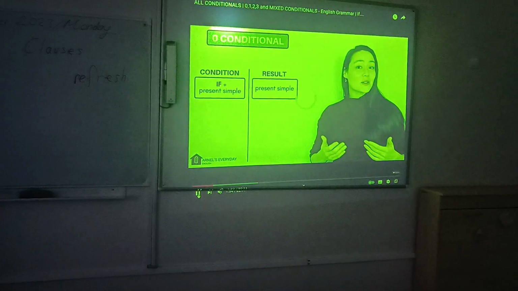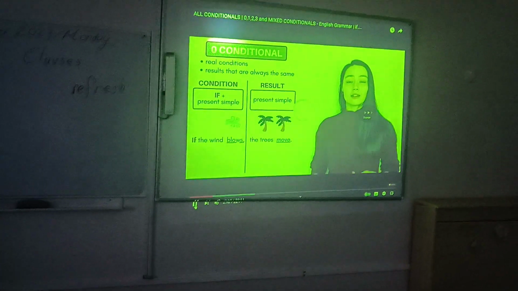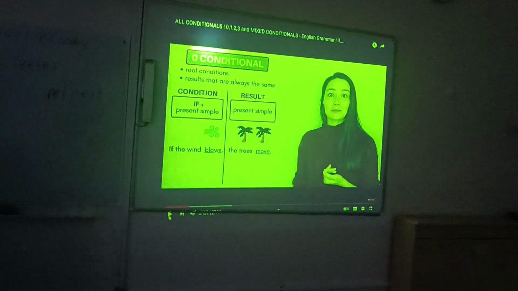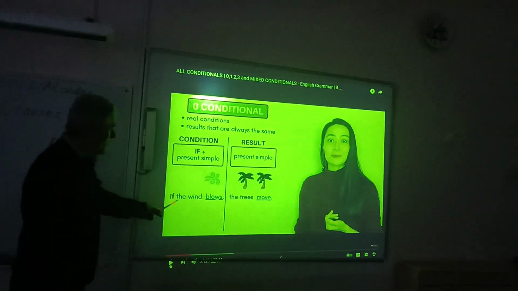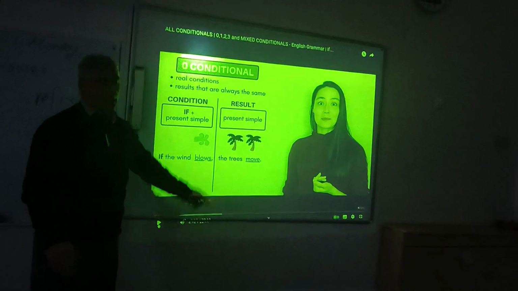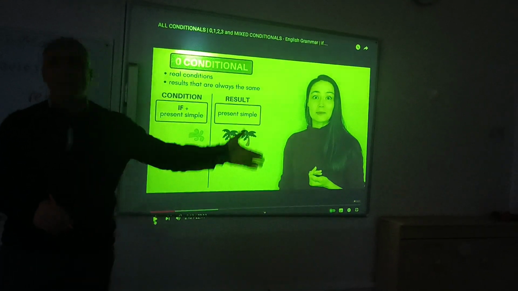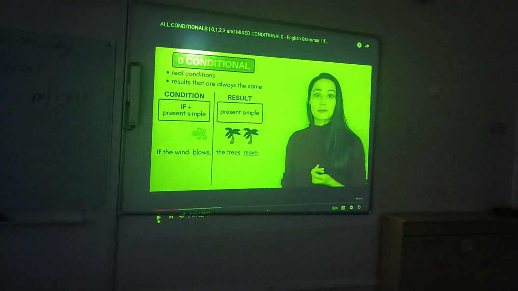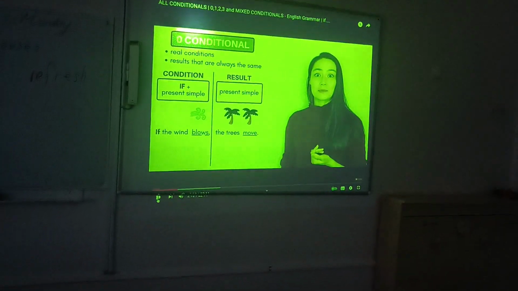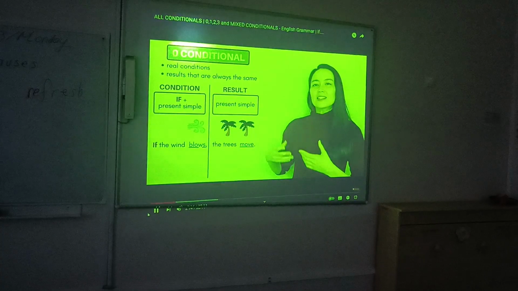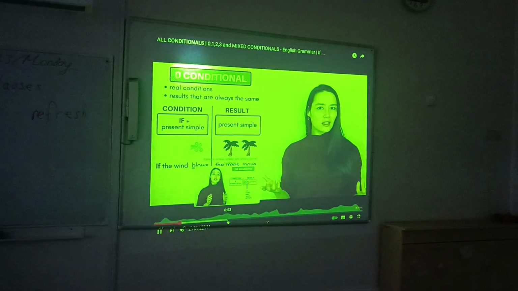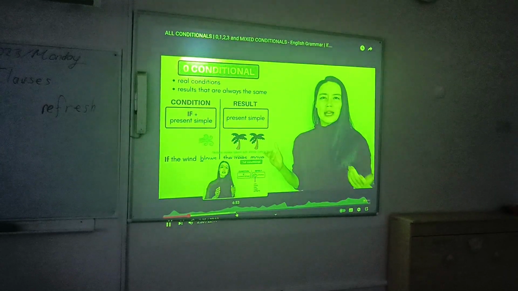If plus present simple, present simple: this is the 0 conditional. If the wind blows, the trees move. It's the same in Russia, in Kenya, in Canada. It doesn't change. It is the truth everywhere. This is really because wind always moves trees, right? This will never change.